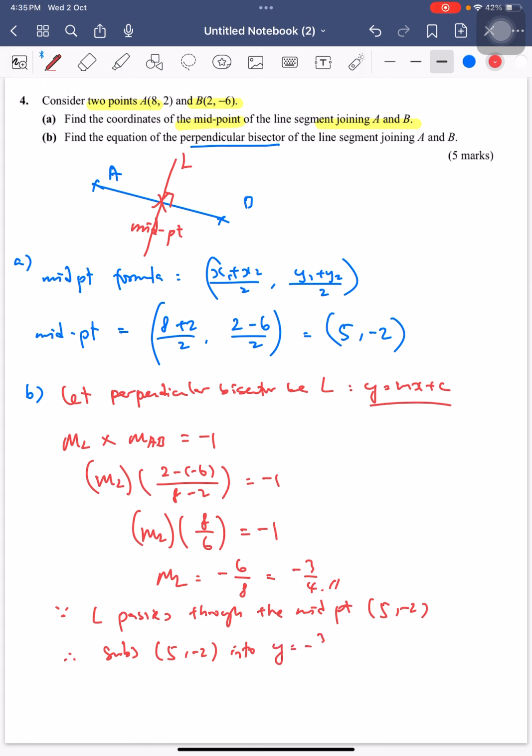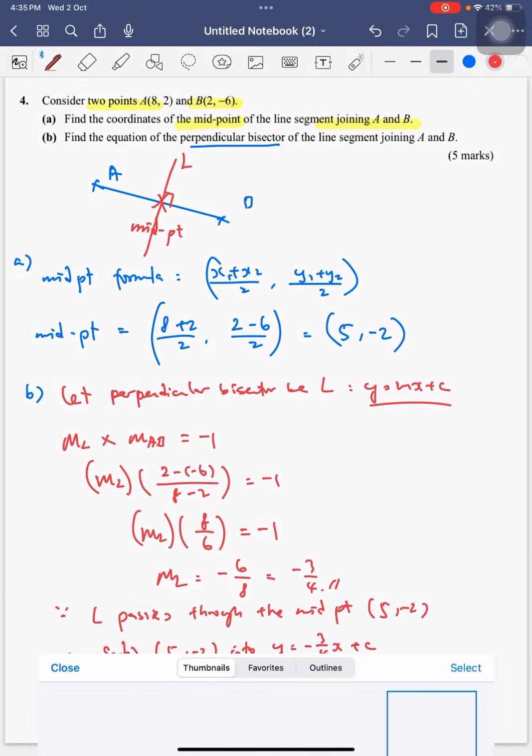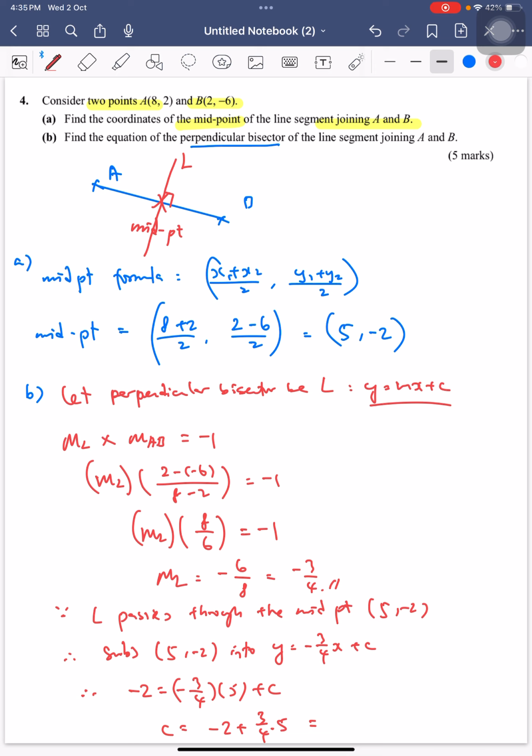So the m is negative 3 over 4, x plus c. So now I have negative 2 equal to negative 3 over 4 times 5 plus c. Then c is equal to negative 2 plus 3 over 4 times 5, giving you 7 over 4. Then L should be y equal to negative 3 over 4 x plus 7 over 4.